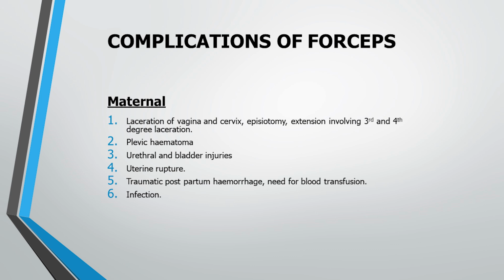Bleeding into the levator ani muscles can lead to hematoma, and you can see a bulging that is very soft in the pelvis. There could be urethral or bladder injuries, uterine rupture, and traumatic postpartum hemorrhage that may require blood transfusion. And finally, there could be infection.